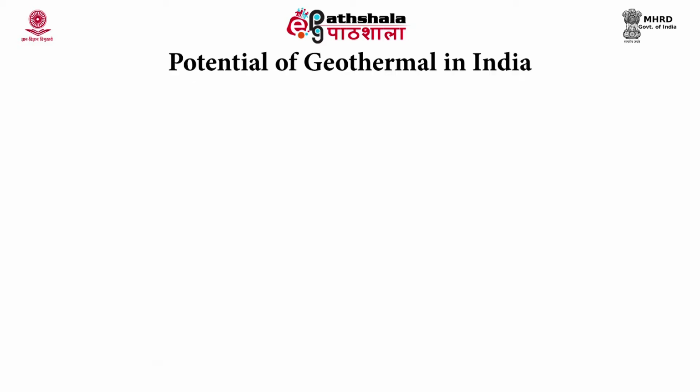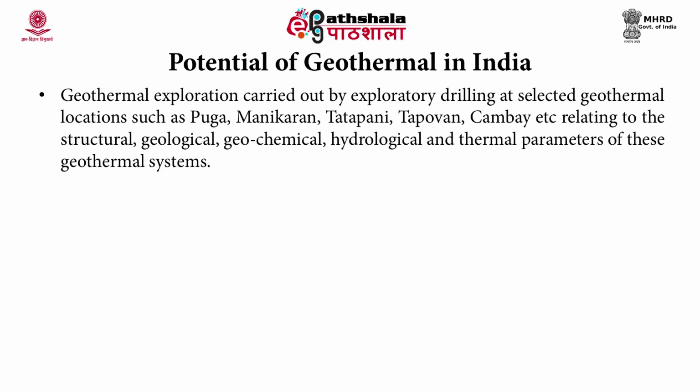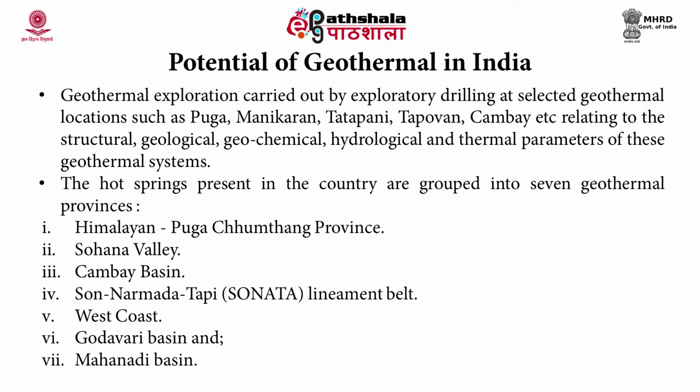If you see the potential of geothermal in India, geothermal exploration was carried out by exploratory drilling at selected geothermal locations such as Puga in Ladakh, Manikaran, Tatapani, Tapovan, Cambay, etc., relating to the structural, geological, geochemical, hydrological and thermal parameters of these geothermal systems. The hot springs present in the country are grouped into 7 geothermal provinces.